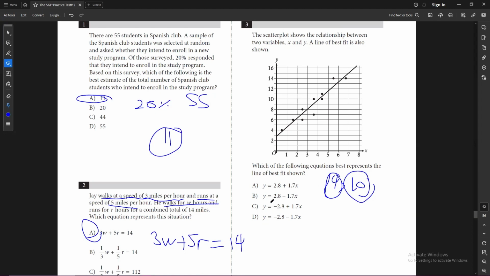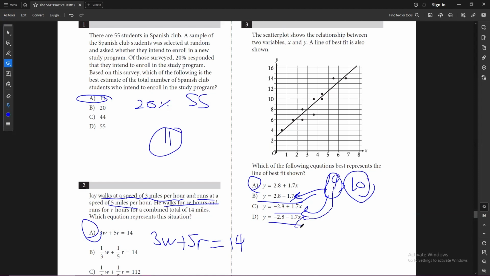And looking at these answer choices, I realized that it has to be A, because whatever I plug in for B or C or D, I'm never going to get close to 10. If I plug it here, I'm getting a negative number. If I plug it here, I'm not getting something close to 10, probably something around 6.